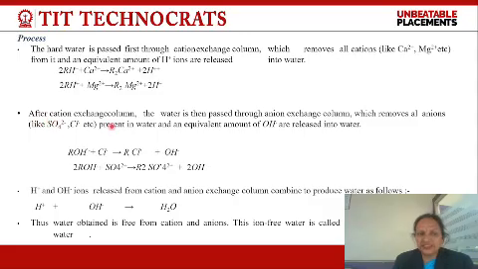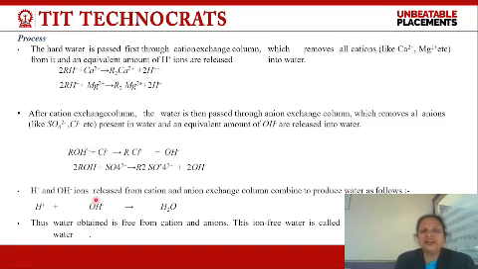After the cation exchange column, the water is then passed through the anion exchanger column, which removes all anions like sulfate, chlorides, bicarbonates present in the water, and an equivalent amount of OH is released into the water. It will react with chlorides and we will get the OH ion again.